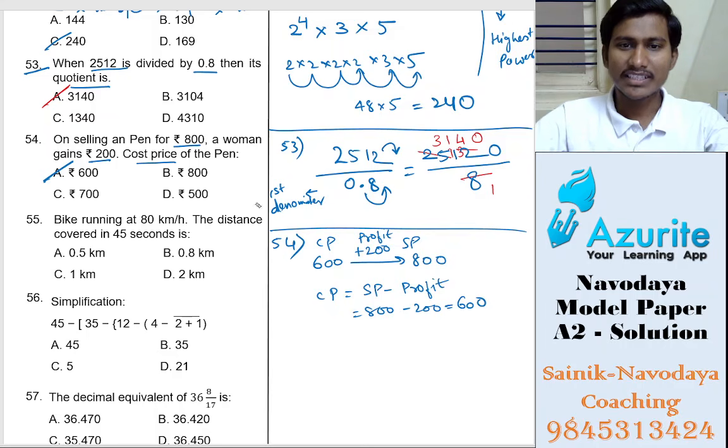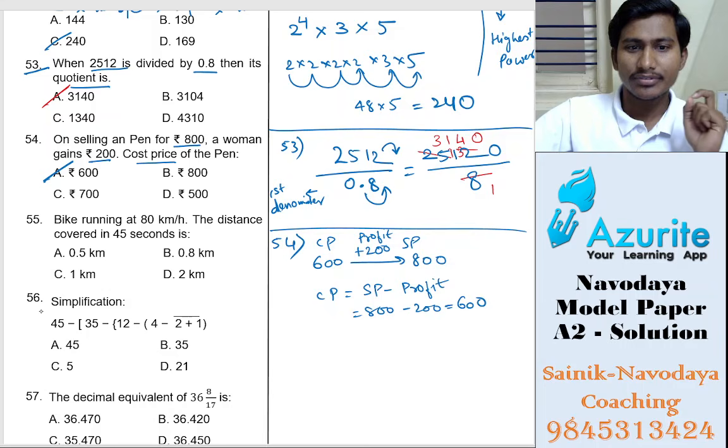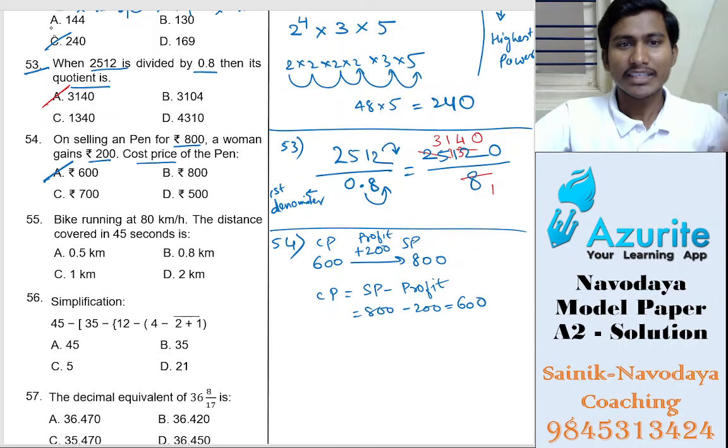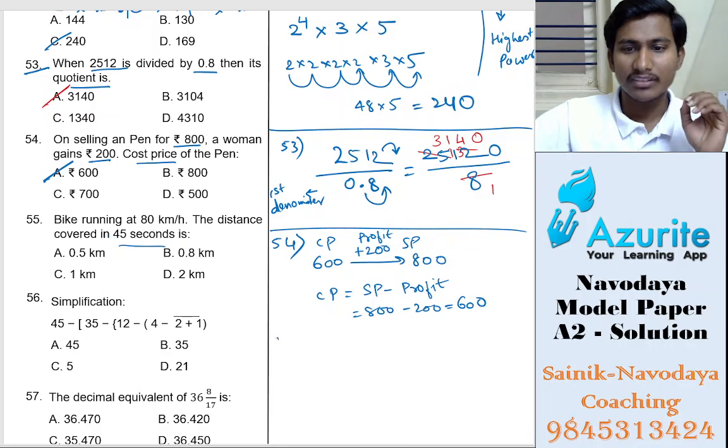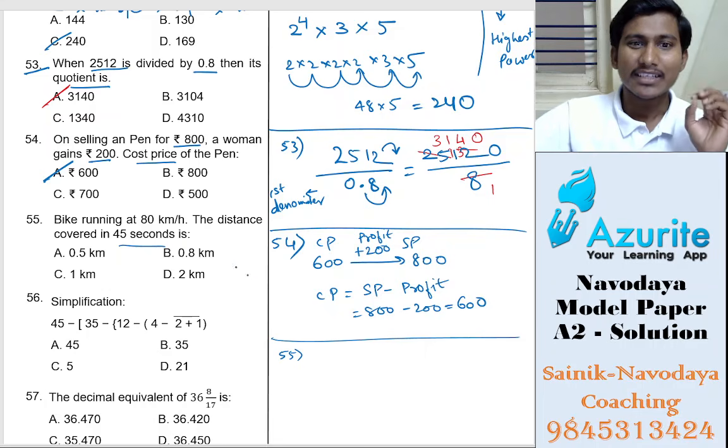Now let us see the next, question 55. A bike running at 80 km per hour, the distance covered in 45 seconds is the question, right? It is very easy. Speed is given as 80 km per hour.